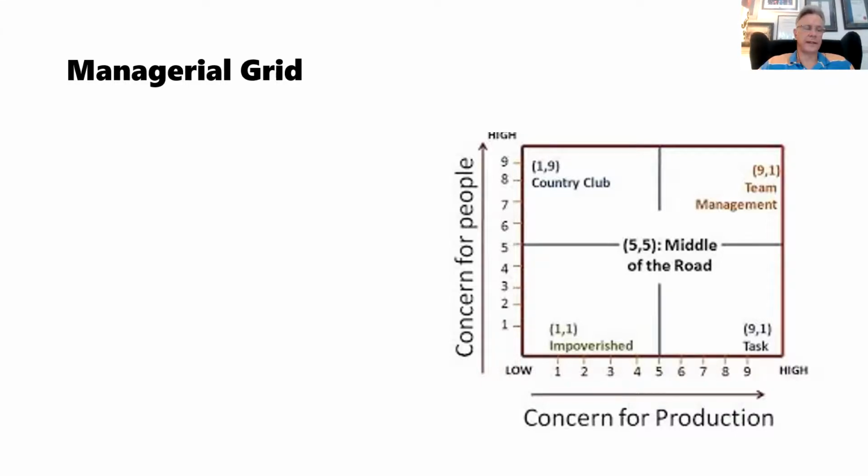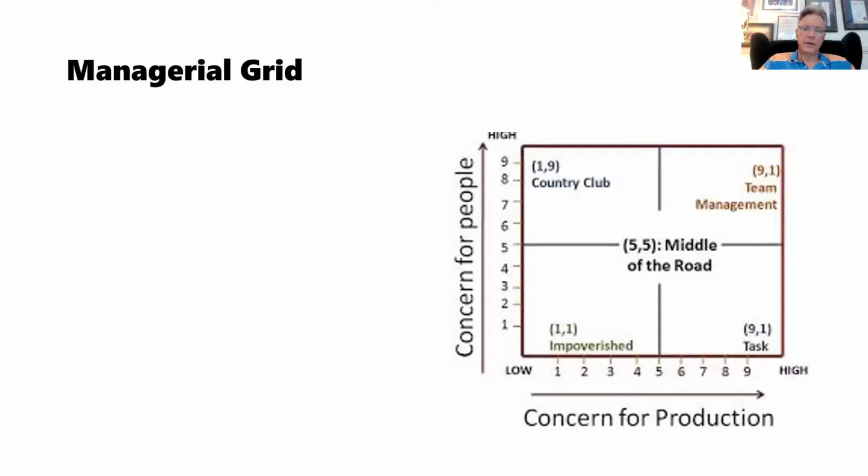I'm thinking of examples like a highly technical person, like a laboratory worker, for example, who may be designated as the team leader based on their technical capability. But they're reluctant. They don't want to be in that role. So they don't do much in terms of either the people or the production side of things. They allow people to just do what they have always been doing. Now, obviously, that's not a great position to be in, and it's going to lead to some problems down the track. I'm sure you'd agree with that.